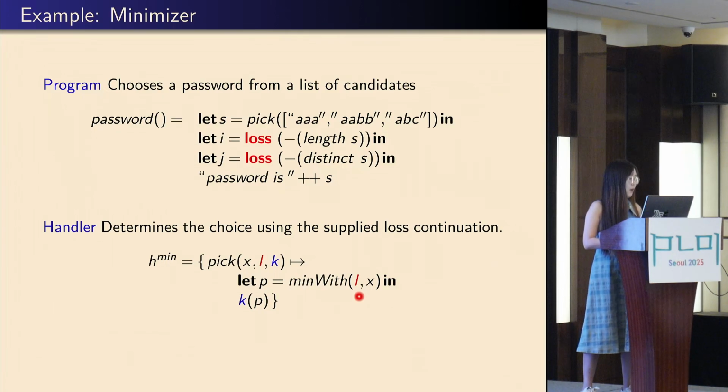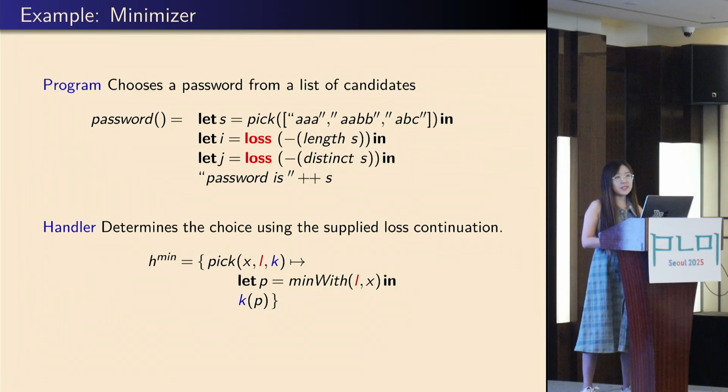After I'm done with the decision, I know that I have chosen P as the password, and I can resume the original computation with the password I have chosen. In this case, we are probably going to return AABB or ABC because they are both longer and have more distinct elements.